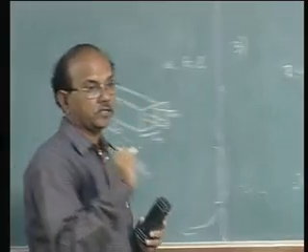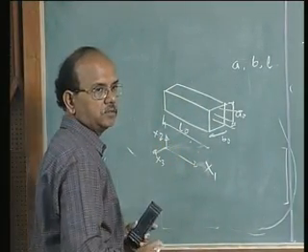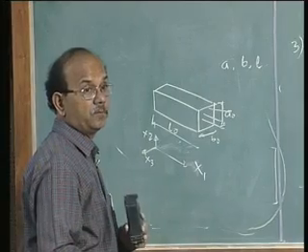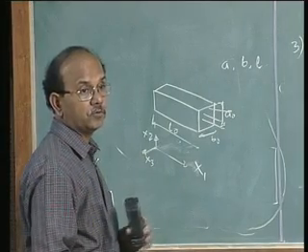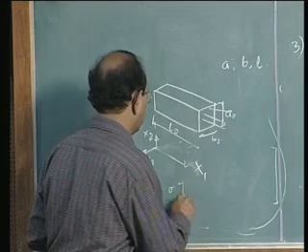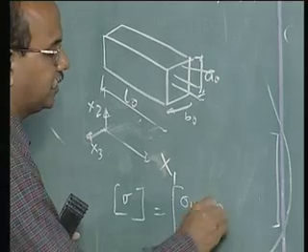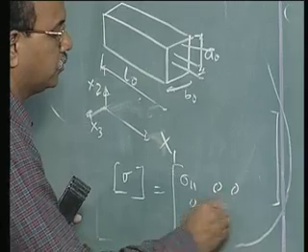The right handed coordinate system should be maintained, and so X1, X2 and X3. So our first job here, what is that we should do? Of course sigma you know. So the Cauchy stress is nothing but sigma 1 1 or sigma x, and 0 for all other components.